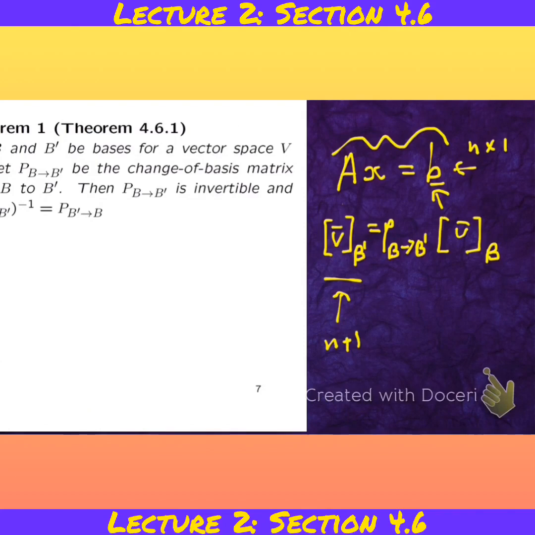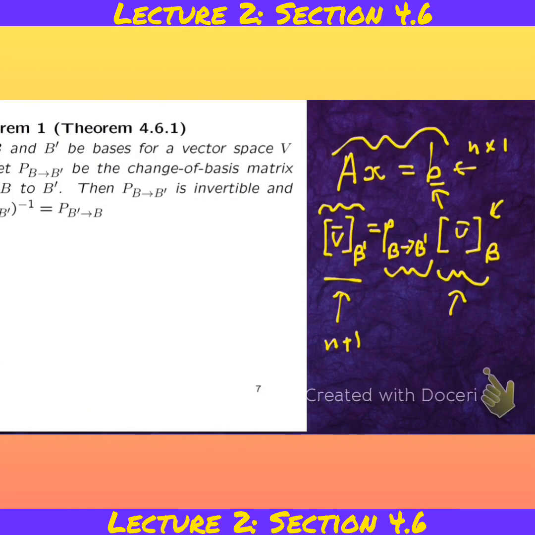So remember, we established that you have a unique correspondence. If you have this coordinate vector there, any n by 1 column is just a representation of the coordinate vector of some vector in your vector space. And the same for this vector as well. We said that we can uniquely solve for this vector in this particular form. So again, that is going to force this matrix to be invertible.